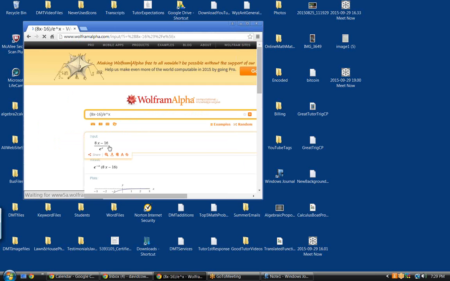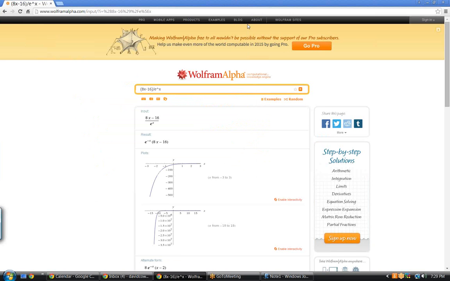The nice thing about Wolfram Alpha is they give you feedback so that you can tell what you typed in. This is cool, as opposed to your calculator, which doesn't do that. But if you have the TI-84, especially if it's a complicated function, it can be really tough to figure out what you typed in.